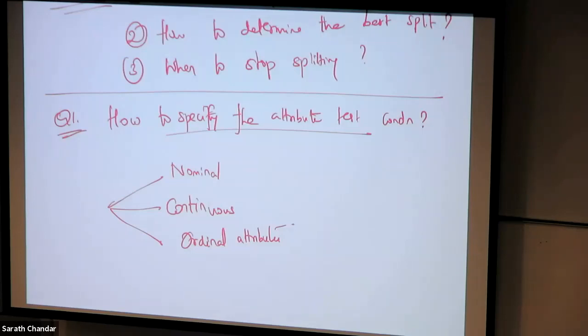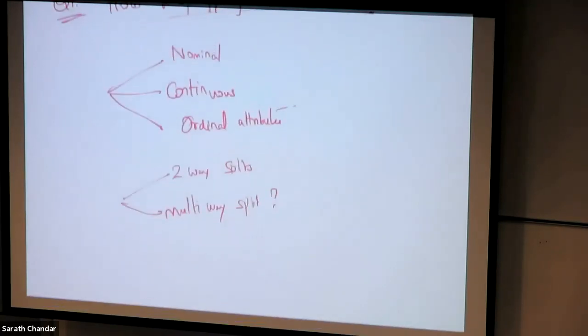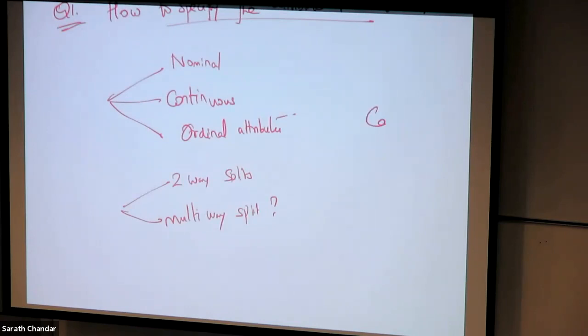Now there is also another question, which is how many ways to split. Do we always want to do two-way splits? Do I always want to split into two parts in the tree, or can I do a multi-way split? For example, let's say I have something like car type.